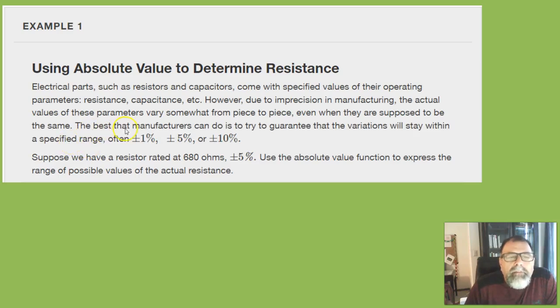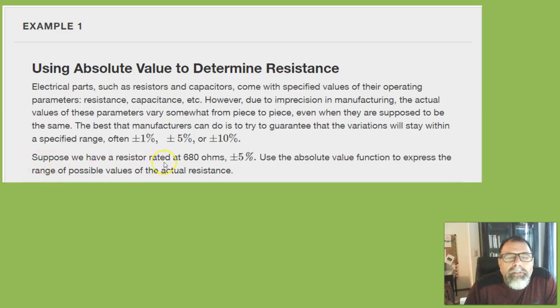The best that manufacturers can do is try to guarantee that variations will stay within a specified range, often plus or minus 1%, plus or minus 5%, or plus or minus 10%. That'd be pretty imprecise, that one.